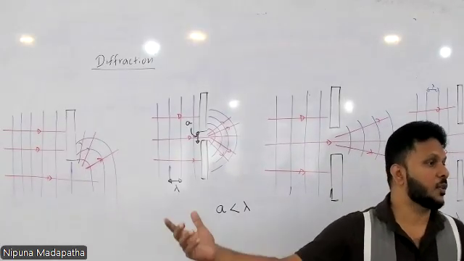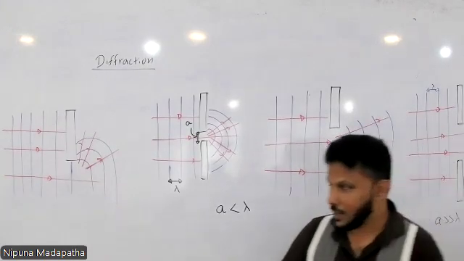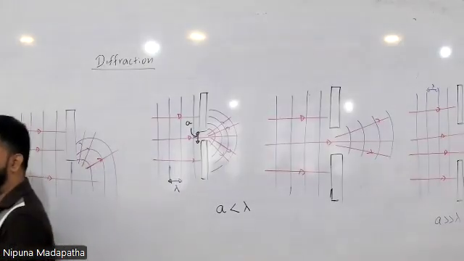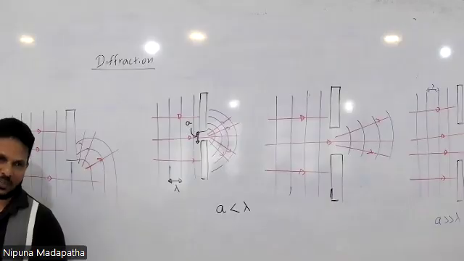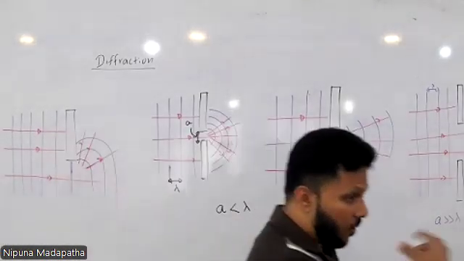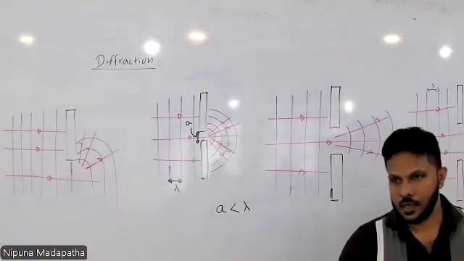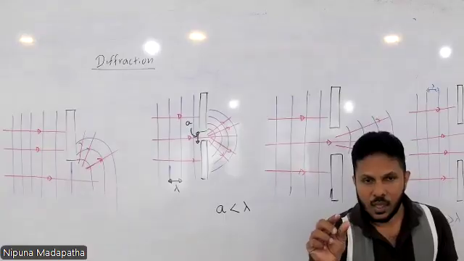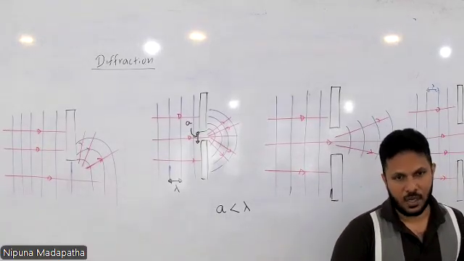Right? What about light waves here? Light waves diffract only from very small gaps. To diffract light, we need gaps of micrometer or millimeter scale. These are diffraction gratings.